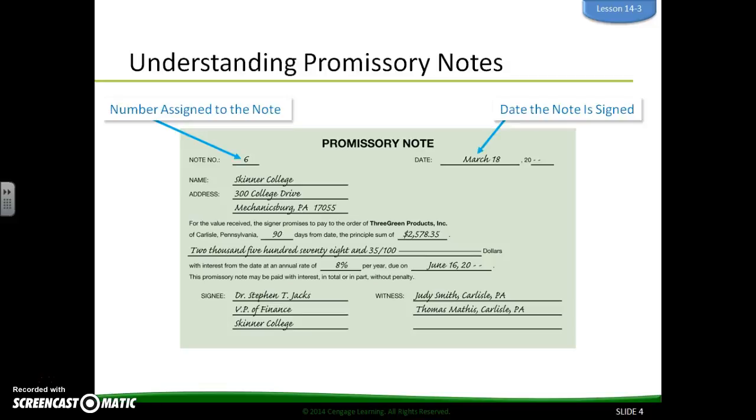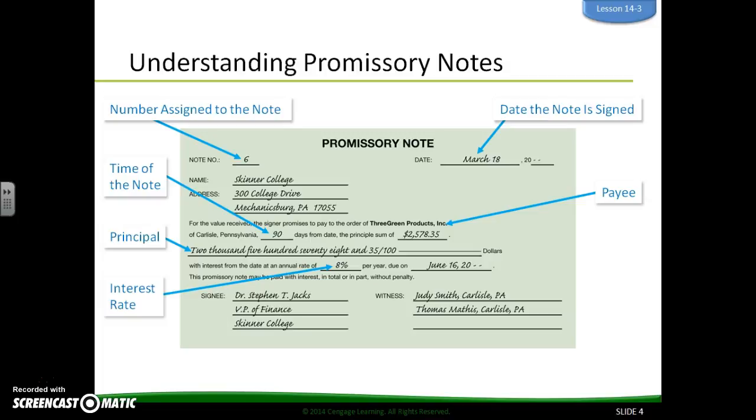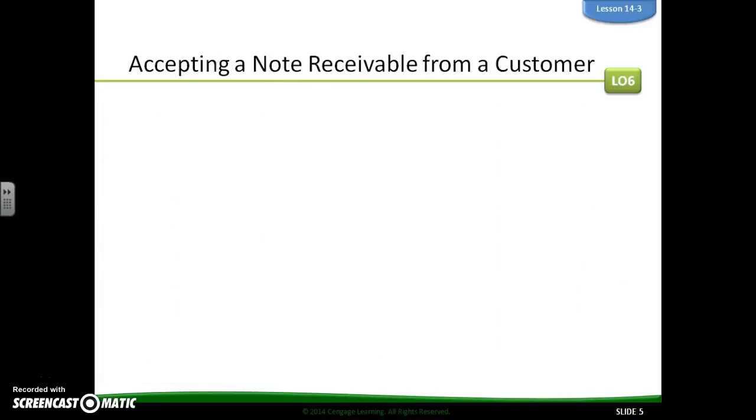And you can see then that the 8% is the annual interest rate, and then the maturity date, the day that amount of money is due, June 16th. The maker of the note signs, and then there are some witnesses that sign saying, yes, we agree to this promissory note relationship.